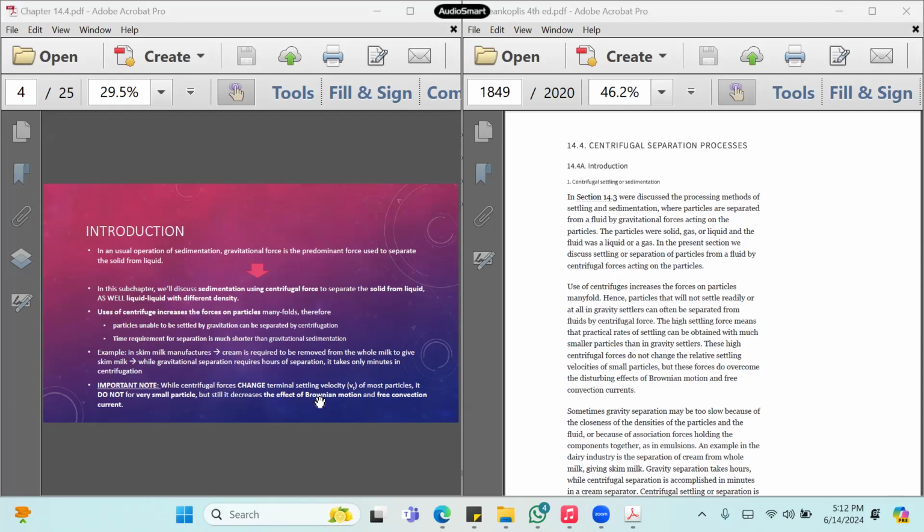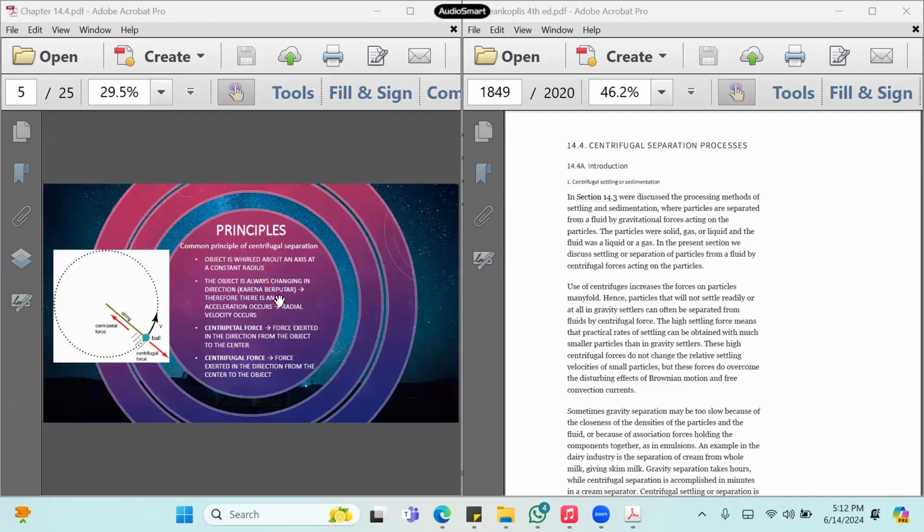Because the particle is small enough, the collision between the particle and the liquid molecules makes the particle move sideways, not vertically down. That's Brownian motion. Now, the principle of centrifugal separation is that the object is whirled at constant radius.